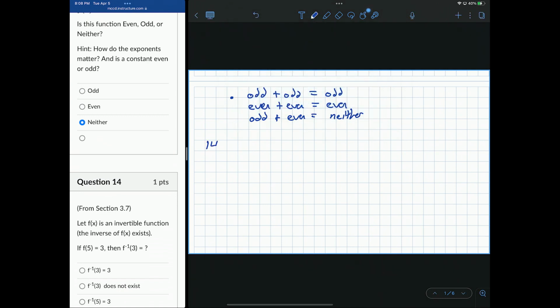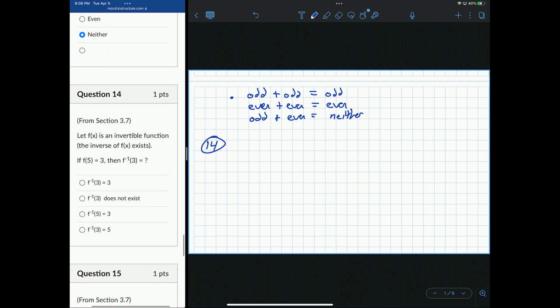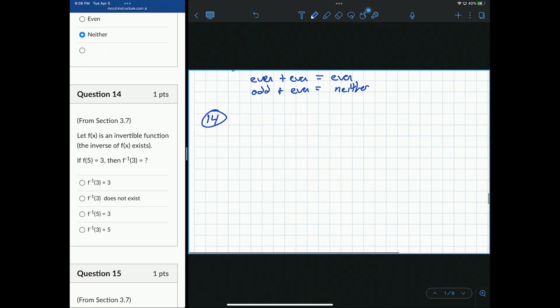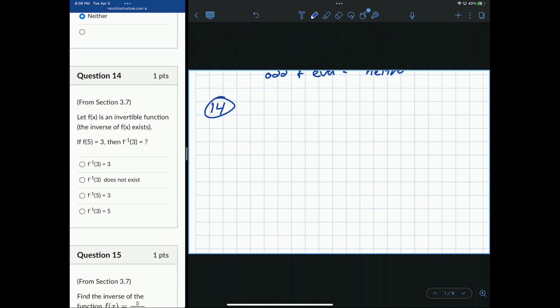Next question, number 14. We're on to inverses now. That's the last topic. It says let f of x be invertible. If f of 5 equals 3, then f inverse of 3 equals question mark.